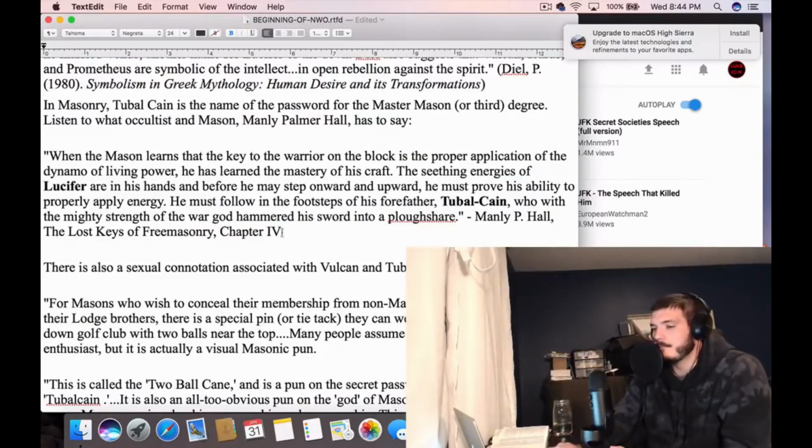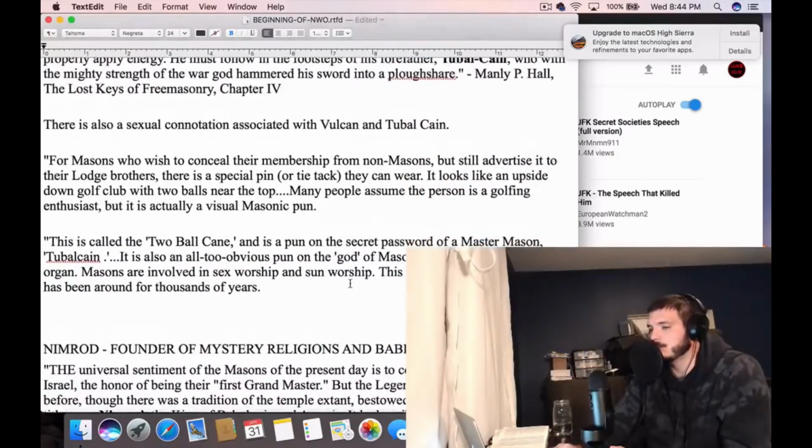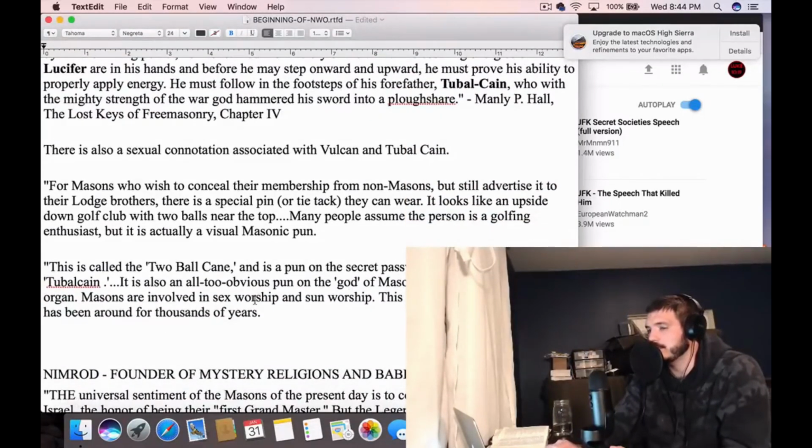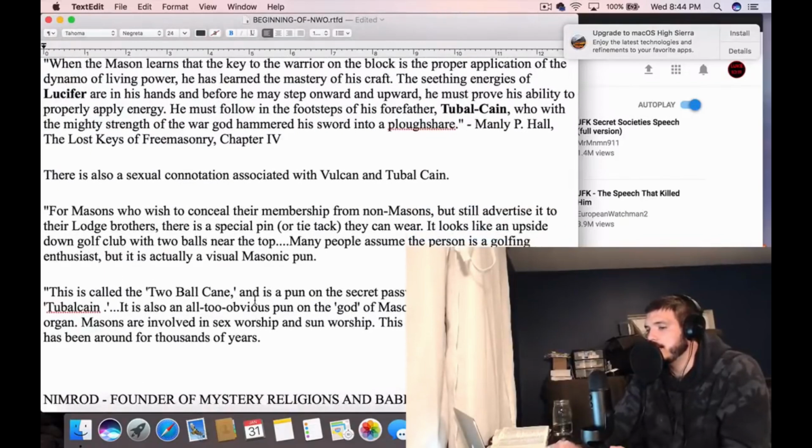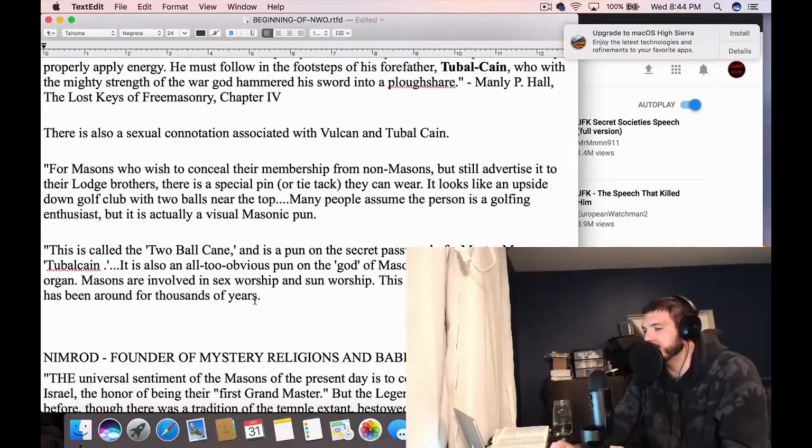And then, here's the next thing about Tubal-cain. We're almost done with Tubal-cain. We're going to move on to Nimrod in one second, okay? There is also a sexual connotation associated with Vulcan and Tubal-cain. For Masons who wish to conceal their membership from non-Masons but still advertise it to their lodge brothers, there is a special pin or tie tack they can wear. It looks like an upside-down golf club with two balls near the top.